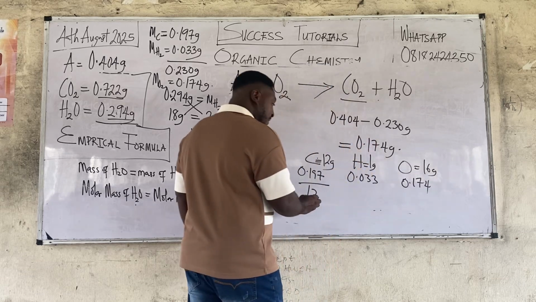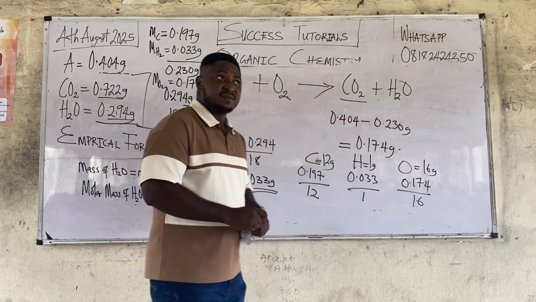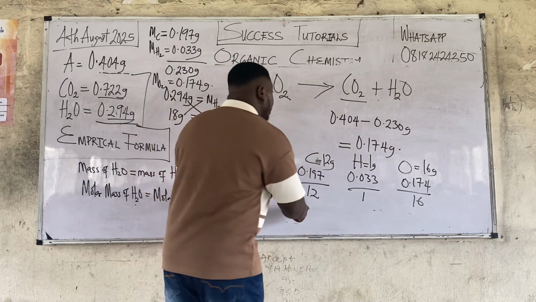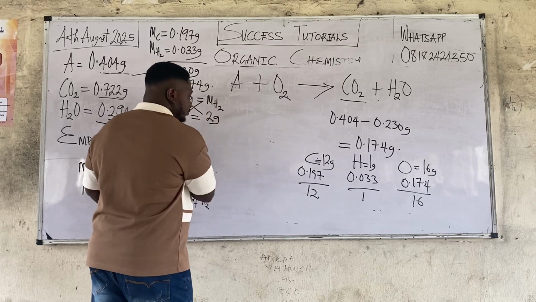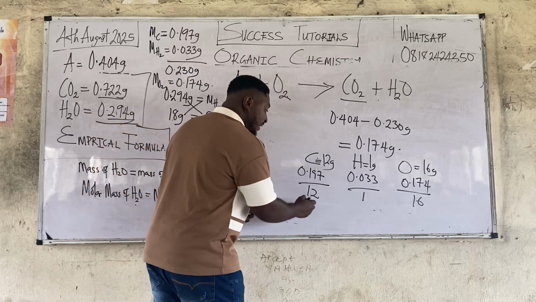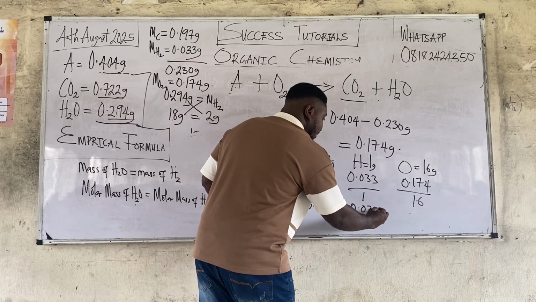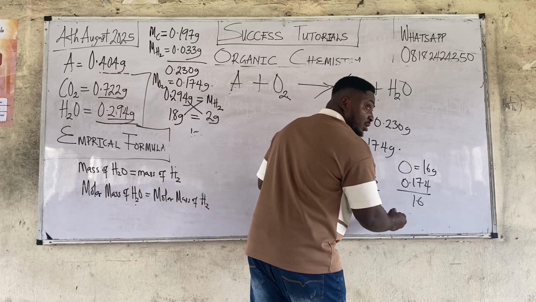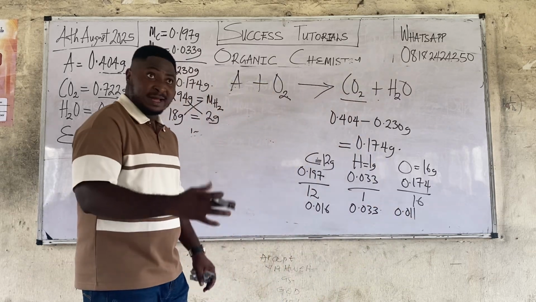So start dividing by the atomic mass: divide by 12, divide by 1, divide by 16. 0.197 divided by 12 gives 0.016. Hydrogen is just 0.033. Oxygen gives 0.011, to 3 decimal places.